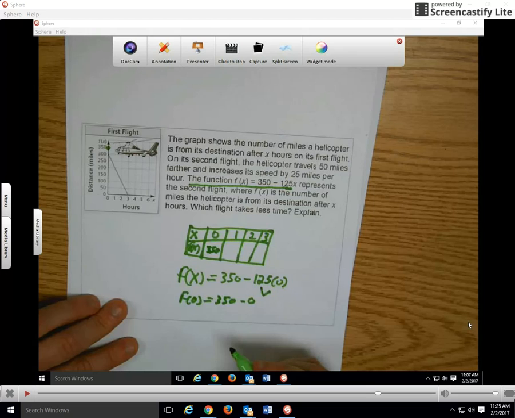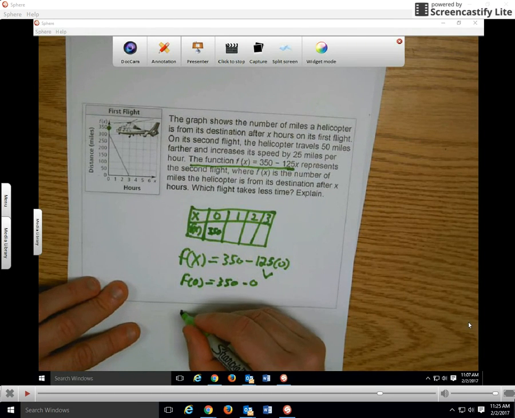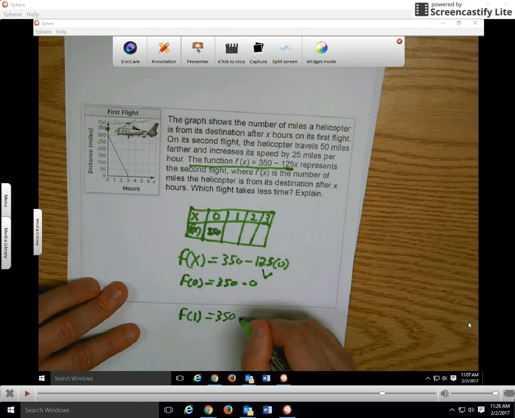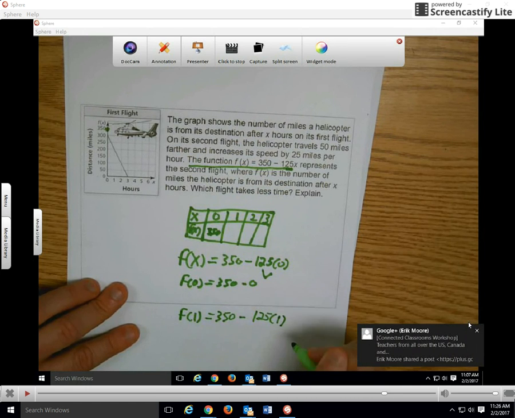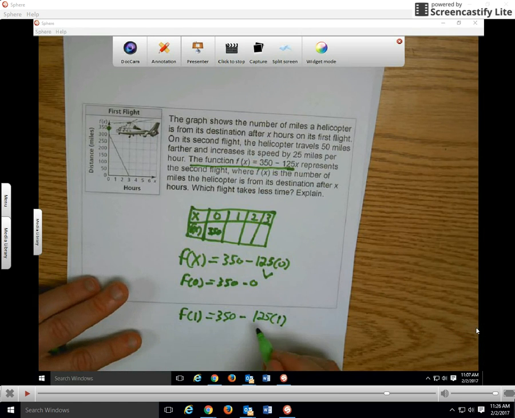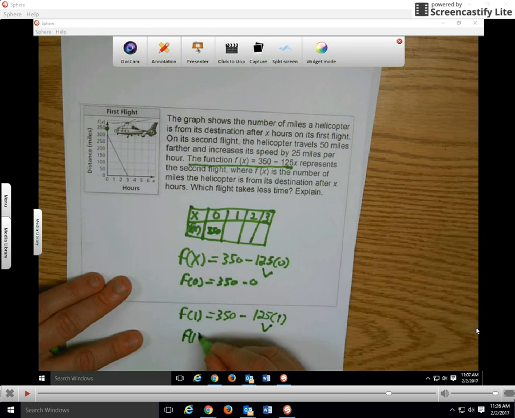That makes sense. What if it was a 1 there? Well, we would just write the equation. F of 1, the function of 1, would be 350 minus 125 times 1. So what would we get here? The function of 1 equals 350 minus 125.